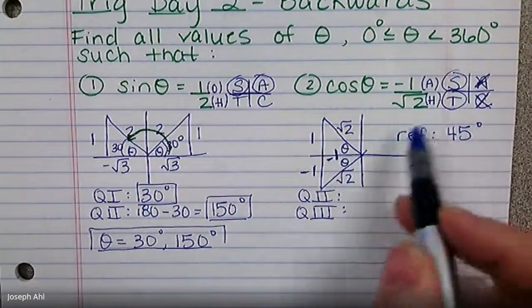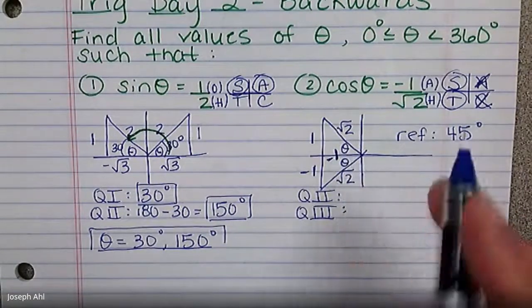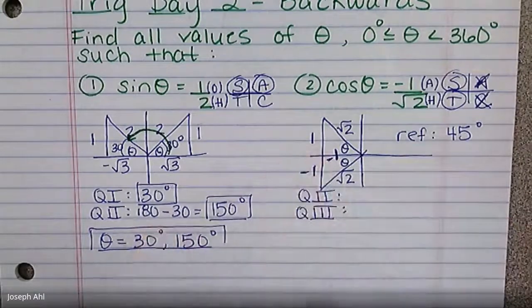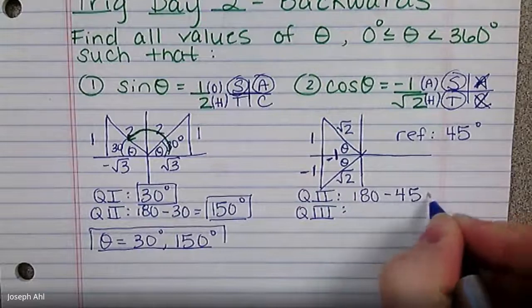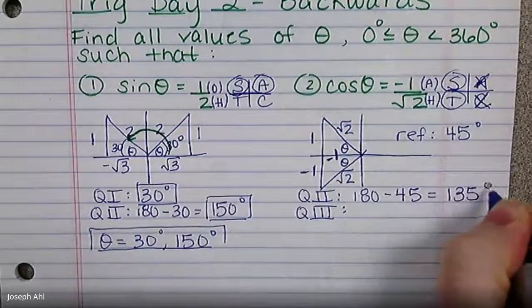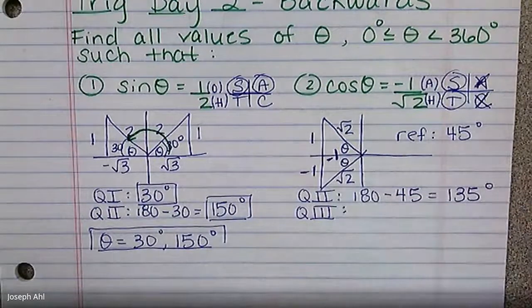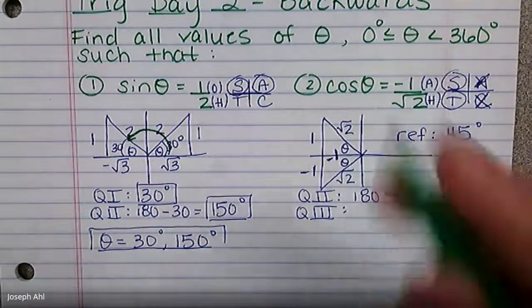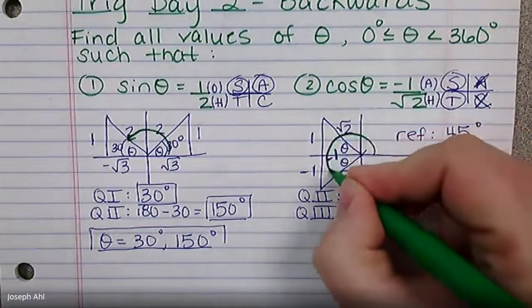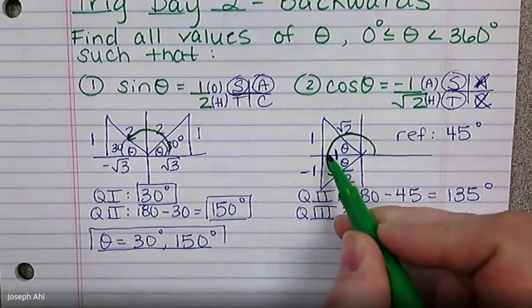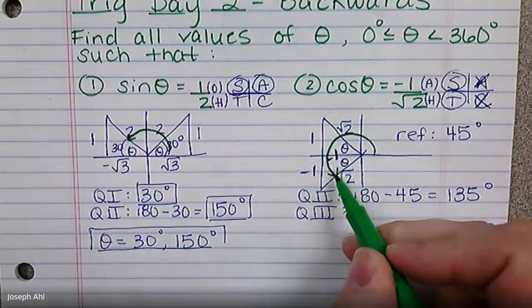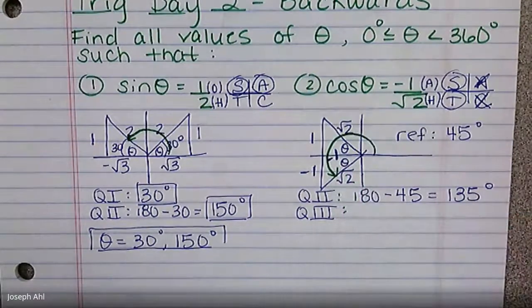So once I find the reference angle, what's that little angle right here? In quadrant 2, we just did that a second ago. So that would be 180 minus the reference of 45. So that's 135 degrees. And then I want you to think about, how do I get a quadrant 3 angle in general? Here's the angle sketched in quadrant 3. So how did I get there? Well, I went halfway around, that's 180, and then I added on the reference angle.